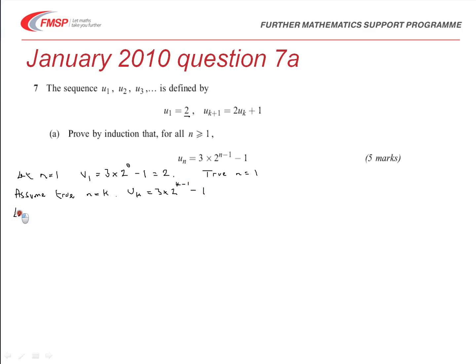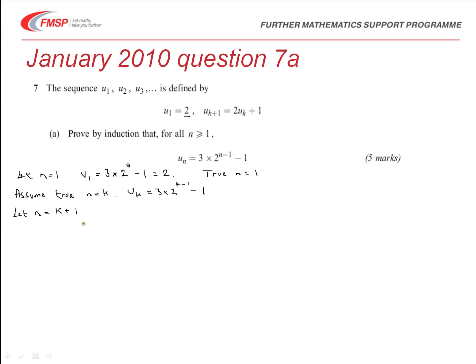Now we're going to show that if n equals k plus 1, that also is going to be of the same form, using that particular result.